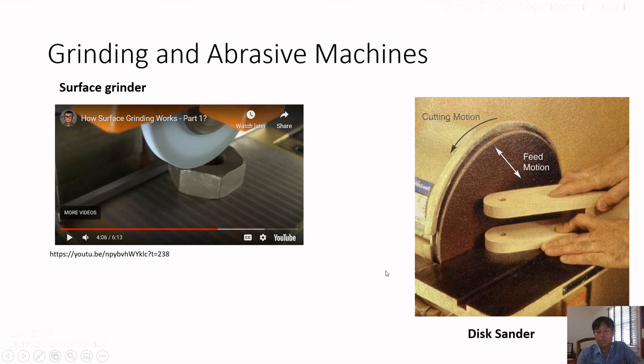One thing I want to highlight about the disc sander is this. If the disc is rotating this way and you want to sand this wood, we should put it on this side. This is the center of the wheel, rotating this way, so the force is coming from up to down.